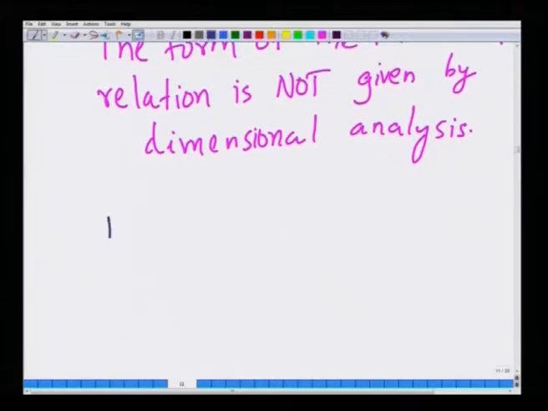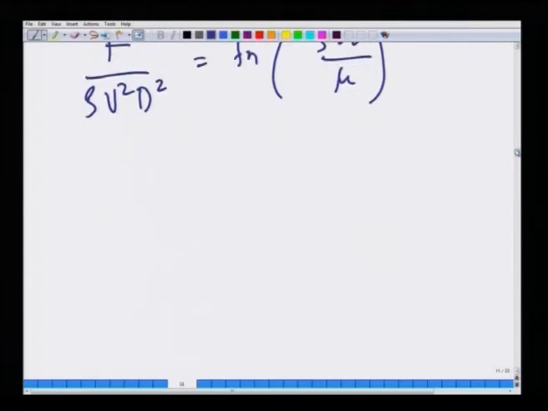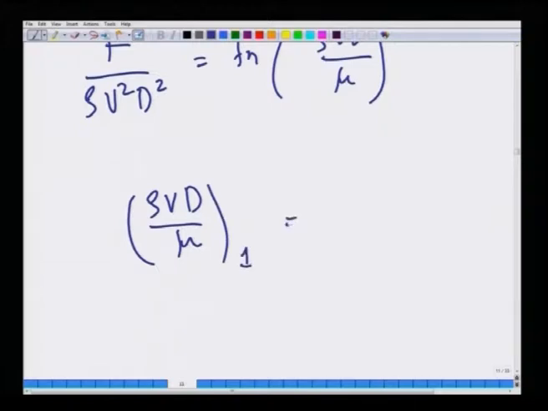This is actually a condensed form of a variety of experimental data. And so, essentially we said that f by rho v squared d squared is a function only of rho v d divided by mu. So, this means that if you fix the Reynolds number for a given problem for 2 sets of problems, that is rho v d divided by mu for a second system.